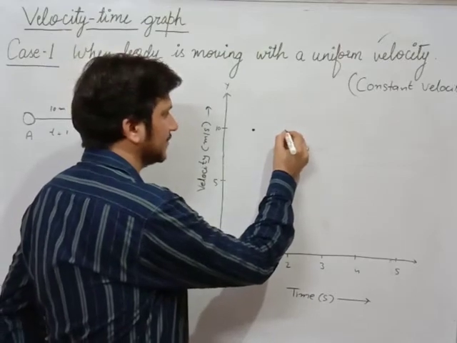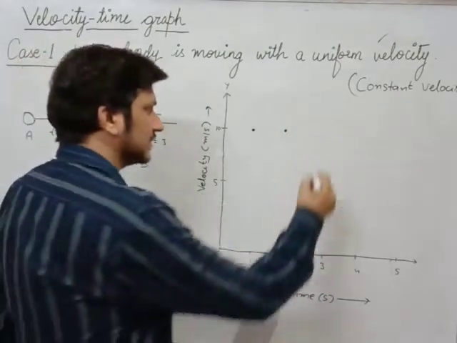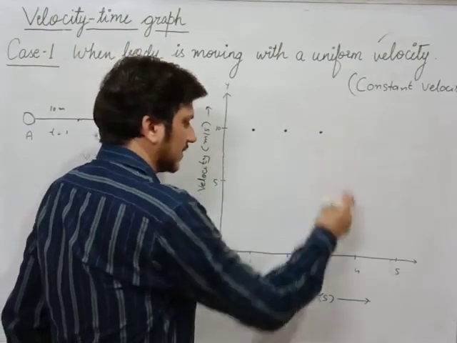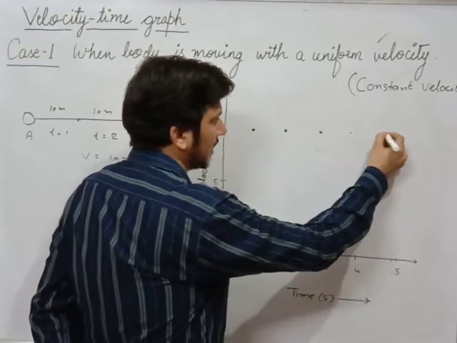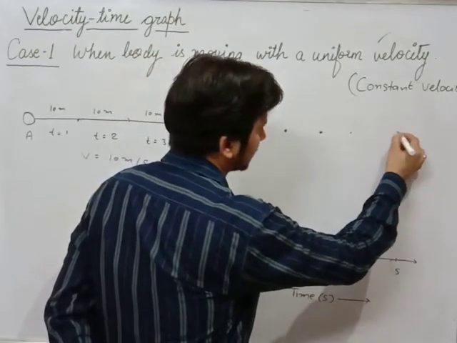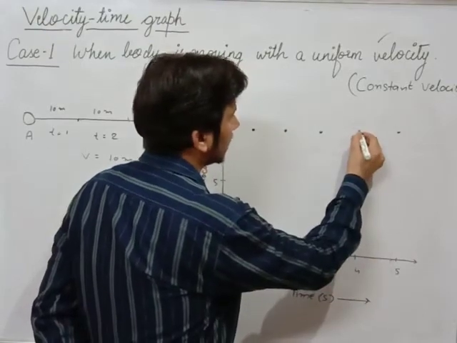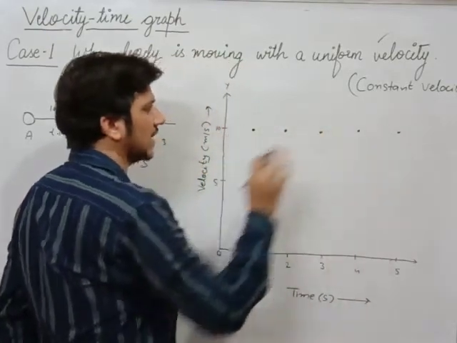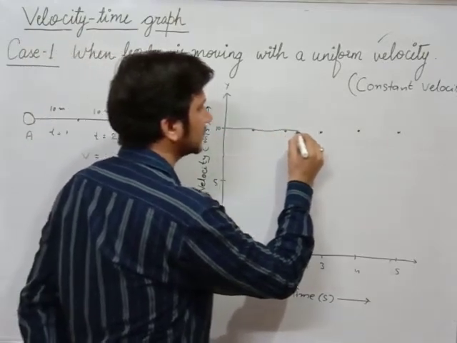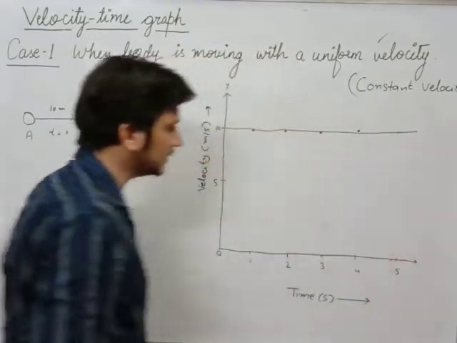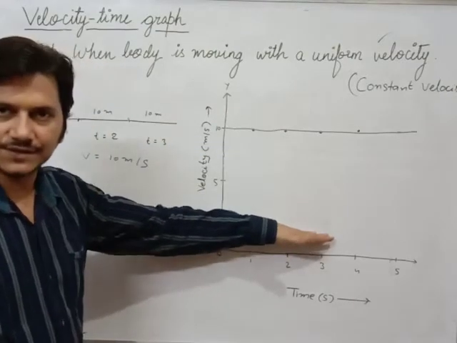Its velocity remains the same in every second, for 5 seconds. And when we join these points, we get a straight line, which is parallel to the time axis.